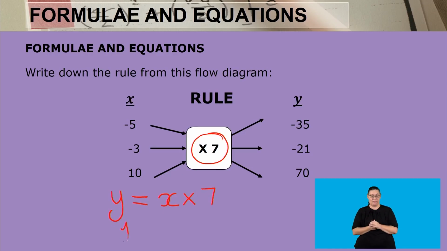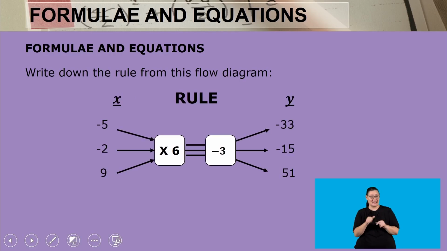Of course, we can simplify this equation or formula by saying that x multiplied by 7 is written as 7x. And that is the formula for this flow diagram. y is equal to x times 7, or 7x, or the output value is equal to 7 multiplied by the input value.